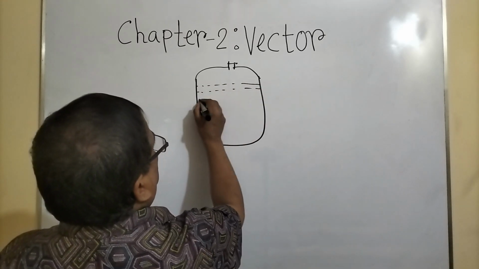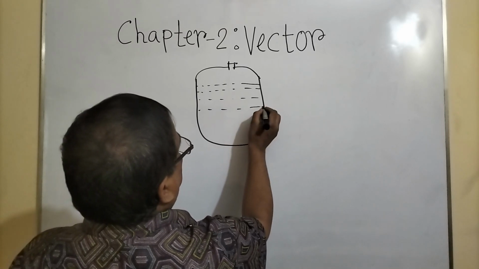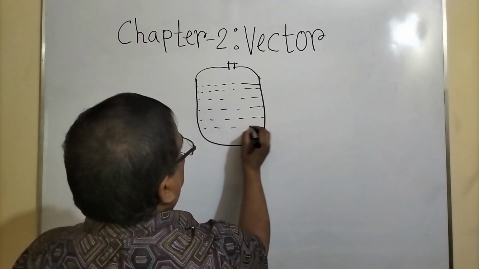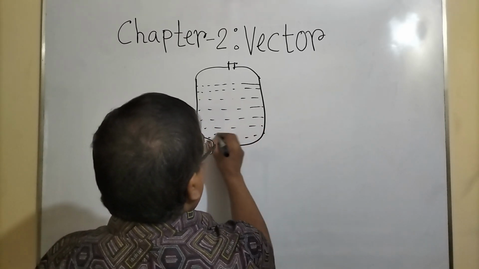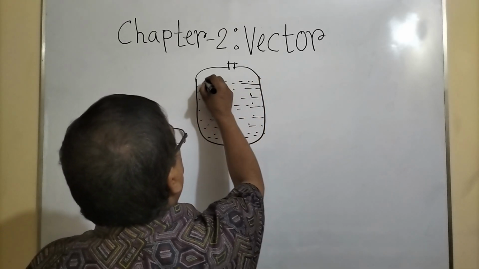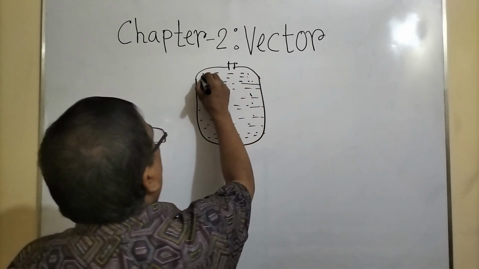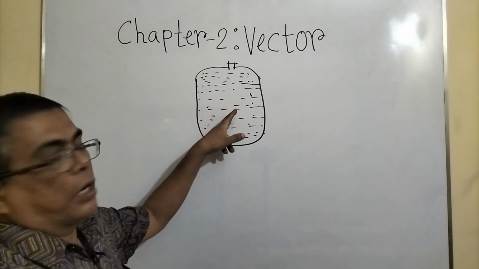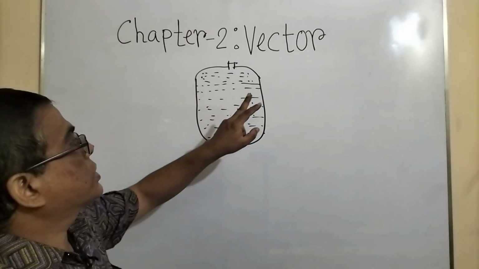There is gas inside the cylinder. This type of cylinder we use in our home, in the kitchen, to cook food. There is pressure inside the gas cylinder.